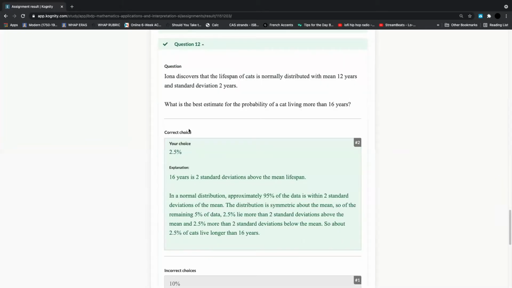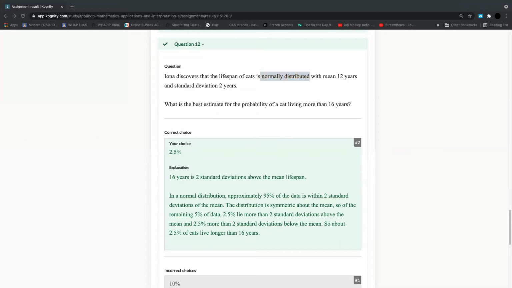Number 12, Iona discovers that the lifespan of cats is normally distributed with a mean of 12 years and a standard deviation of 2 years. What is the best estimate for the probability of a cat living more than 16 years? Okay, so we know that we're working with normal distribution because it explicitly states in the question that it is normally distributed.